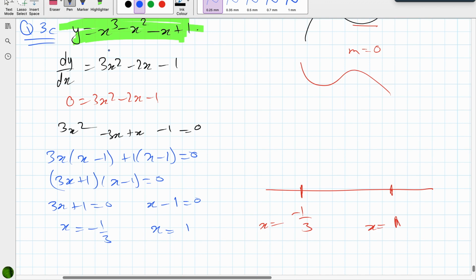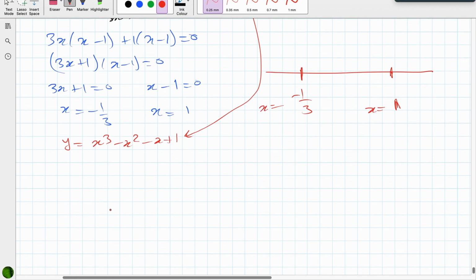So first, finding the y coordinates, copying the equation again, y equals x cubed minus x squared minus x plus 1. Copying the main equation to find the coordinates.